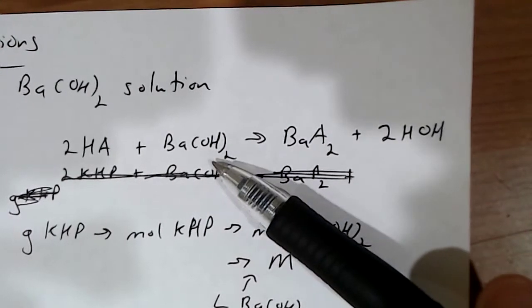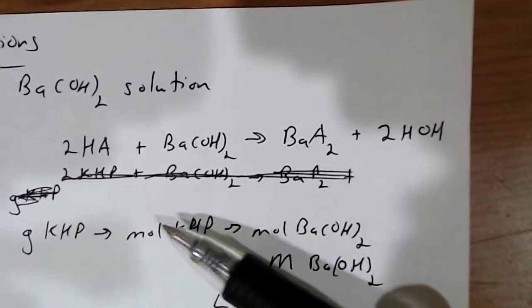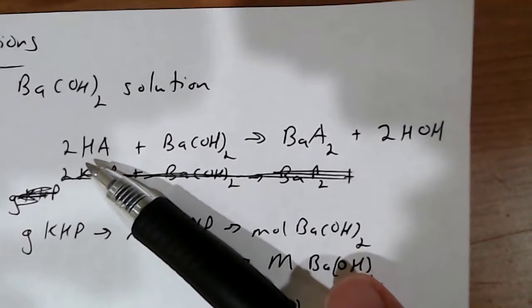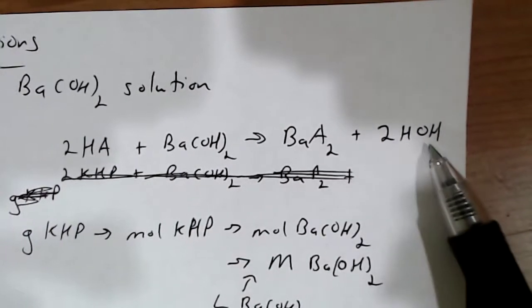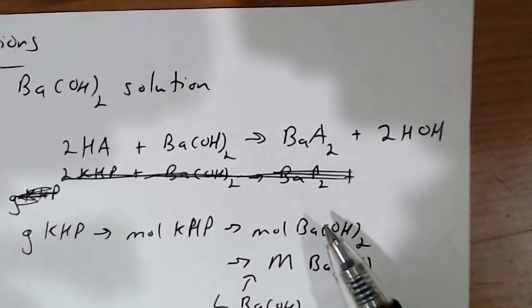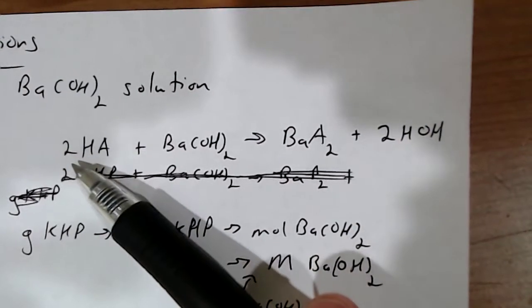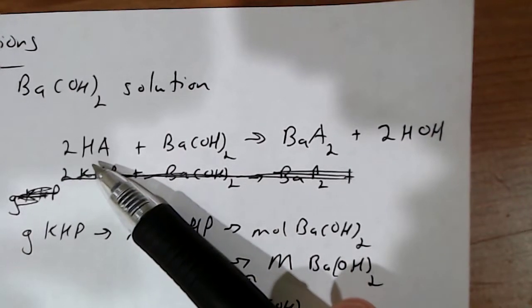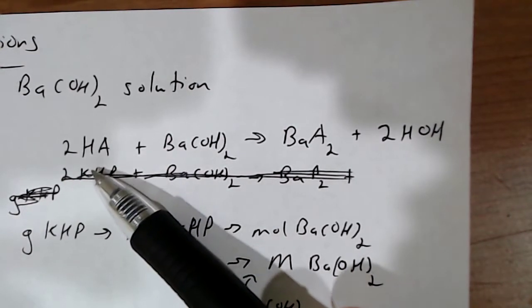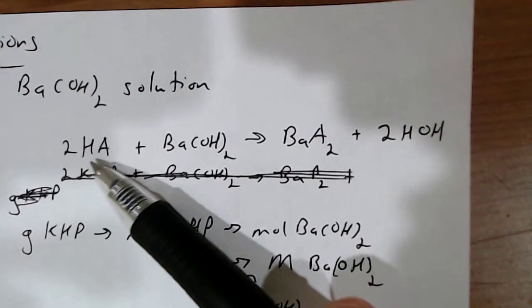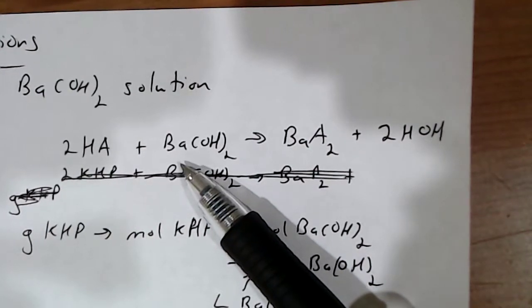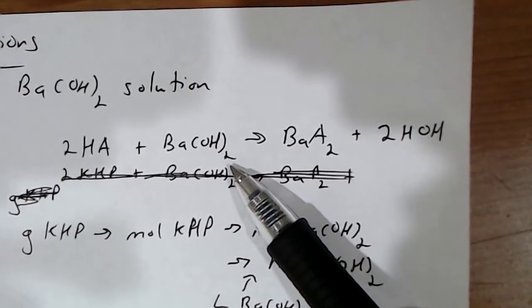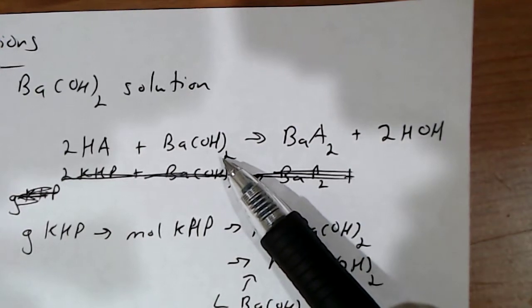So if there are 2 OH minuses, you'll need 2 H pluses to neutralize them and form 2 waters. And so you'll need 2 monoprotic acids, 2 acids that each have 1 proton on them. So 2 monoprotic acids are needed to neutralize something that has 2 hydroxides.